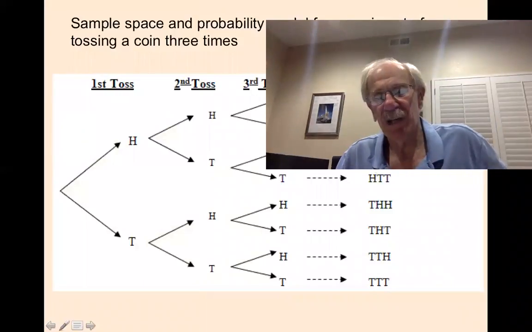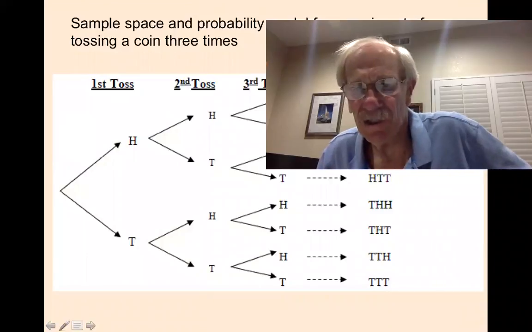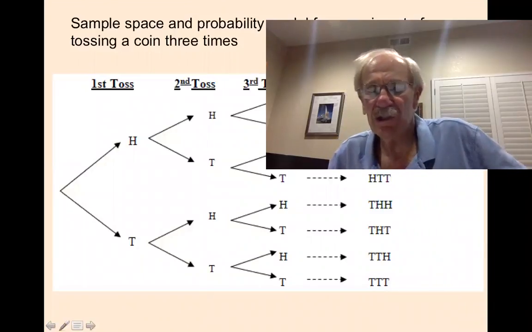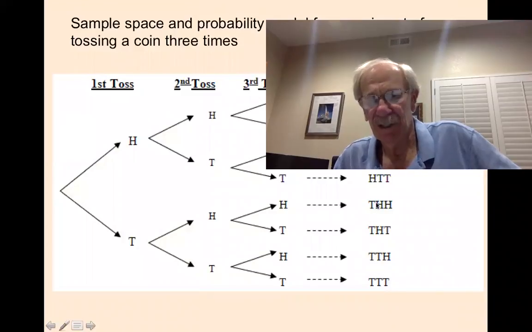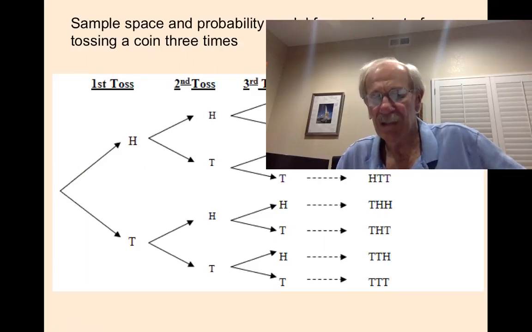Okay, but the key thing here is, let's go back to this one. Suppose I wanted to find out the probability of getting exactly 2 heads. Well, which of these tosses give me exactly 2 heads? I get heads, heads, tails here, and heads, tails, heads, and tails, heads, heads. So these 3 tosses give me the 3 ways I'm going to get exactly 2 heads.